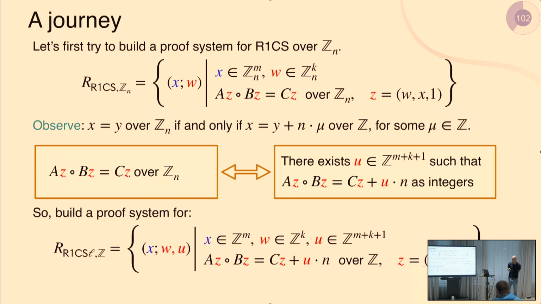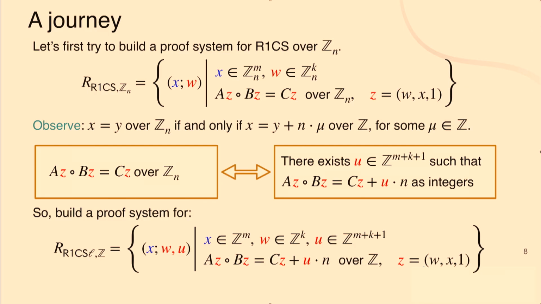Because of several reasons, it's pretty hard to build a proof system over Z mod 2^n. And it doesn't look like it's that hard to build a proof system over Z at first glance. So we can decide to work over the integers and build a proof system for this relation. It's just the same as before, but now everything is integers, and we added this extra term.